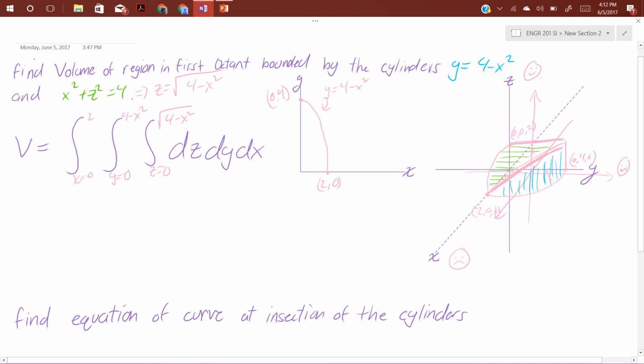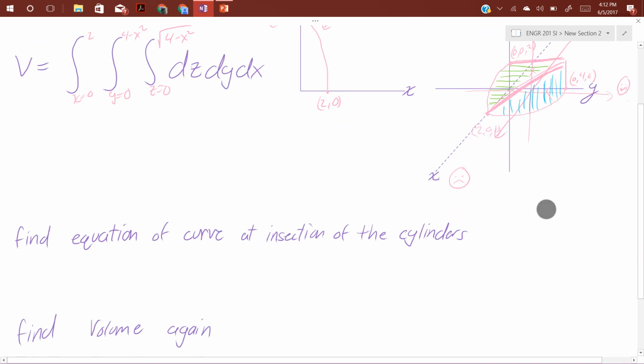An easy way of looking at it: since we have x squared plus z squared equal to 4 and y equal to 4 minus x squared, we can just solve for x squared and substitute one in for the other. So I want to solve for the x squared in the bottom one. So I have x squared equal to 4 minus y.